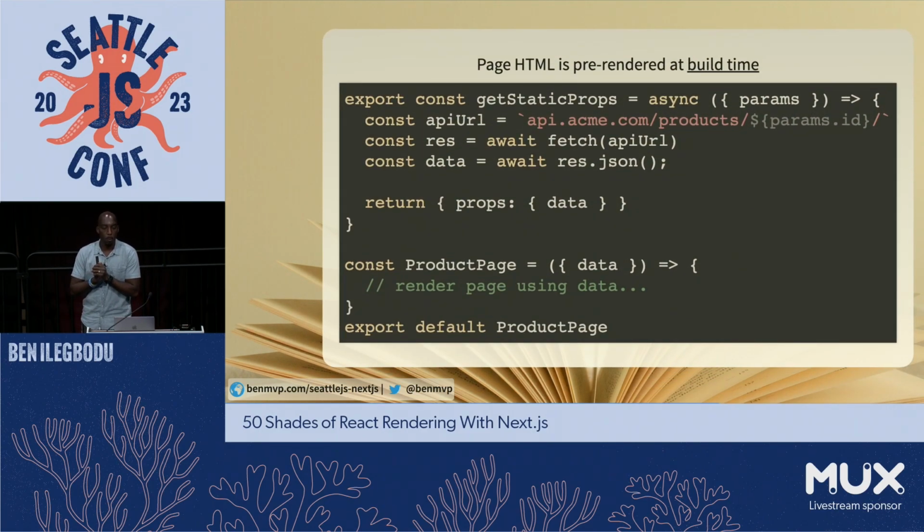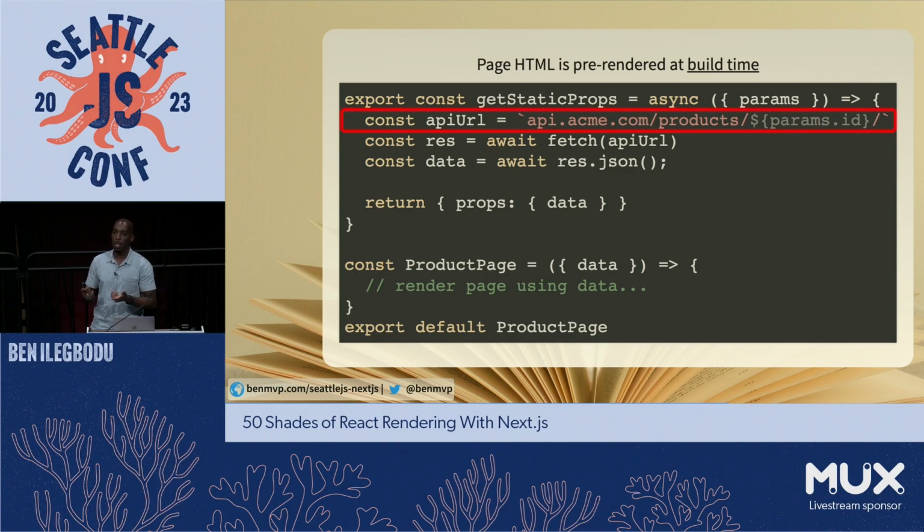So when Next is pre-rendering at build time, it takes those IDs that we returned as paths, and it calls getStaticProps for every one of them. So it iteratively goes through in order to build the page. This is where our product page component requests from the API the data for that one product again.